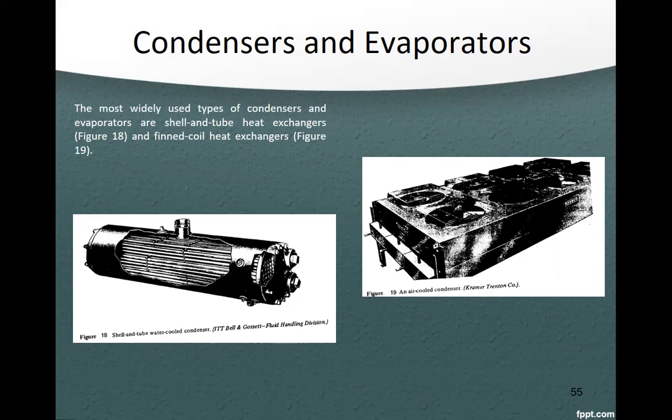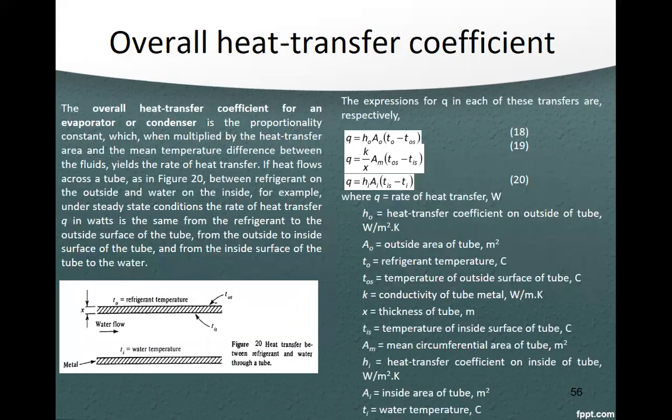Sa anong parameters? Overall heat transfer coefficient. So the overall heat transfer coefficient for an evaporator or condenser is the proportionality constant, which when multiplied by the heat transfer area and the mean temperature difference between the fluids yields the rate of heat transfer. Figure 20.